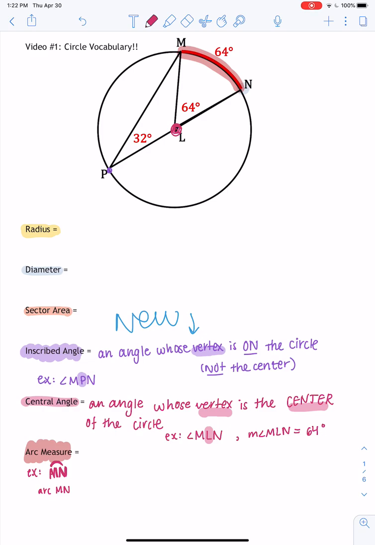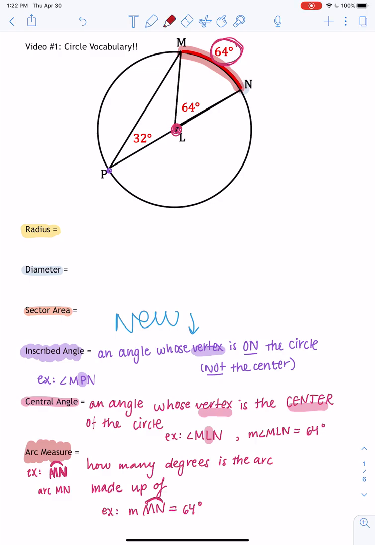An arc measure is how many degrees is the arc made up of. So in this example, we know that the measure of arc MN is equal to 64 degrees because it's labeled right here on the diagram.